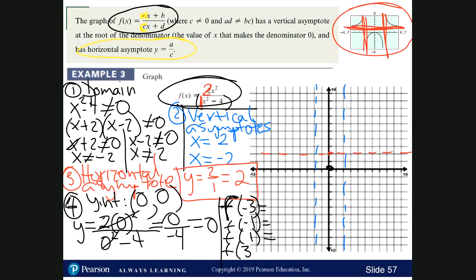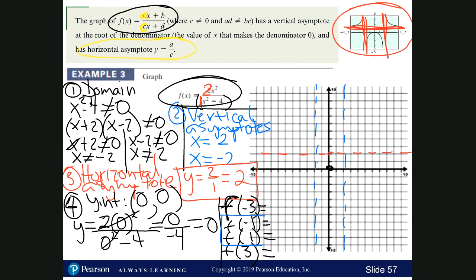Now, I chose those values because they happen to be on the left side of the asymptote, or on the right side of the asymptote, or in between the asymptotes. Like, for example, -1 and +1 for x, these are in between the asymptotes. And so we looked at the table, actually, for those.